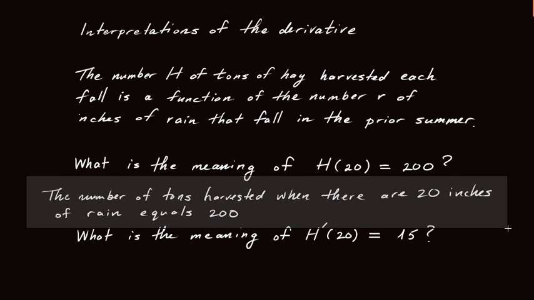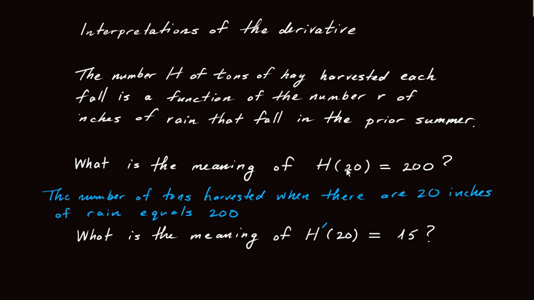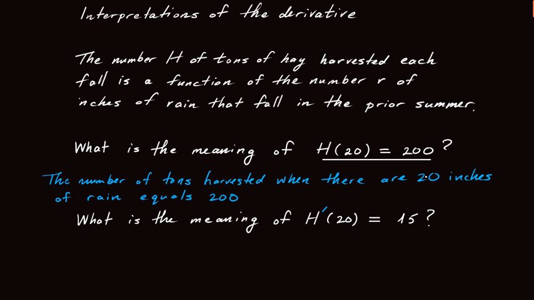Okay, so that's a written interpretation of the simple mathematical statement h of 20 equals 200.